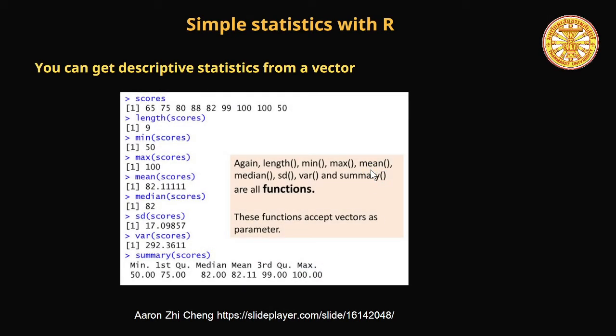Also, after you input a vector or a data frame, you can use basic statistics like descriptive statistics. An example is the range of score. They count the number of variables, which is 9.